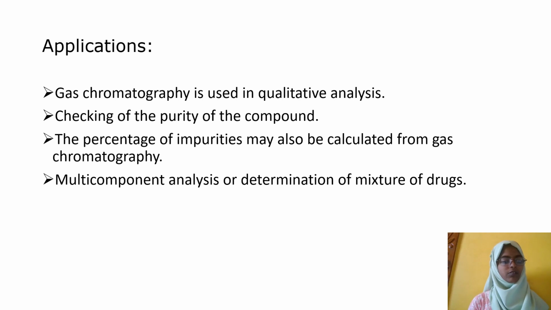The percentage of impurities may also be calculated from gas chromatography. Multi-component analysis or determination of a mixture of drugs. We can use gas chromatography to calculate the percentage of impurities and whether the compound is pure or not.